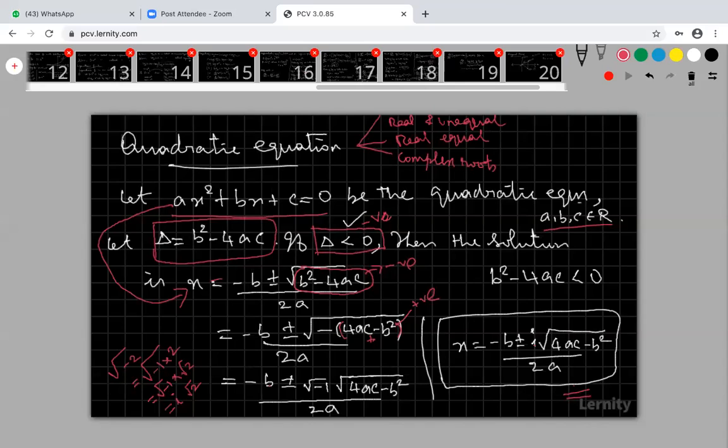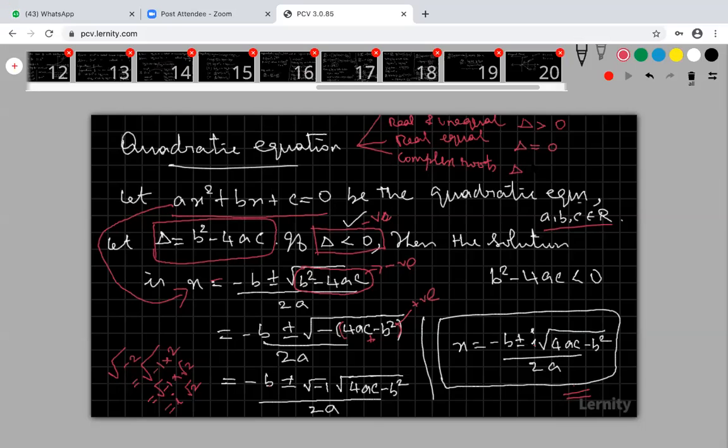When we are getting real and unequal roots, my discriminant is greater than 0. That means the value of b square minus 4ac is positive, then the roots are real and unequal. If my discriminant delta is equal to 0, the roots are real and equal.